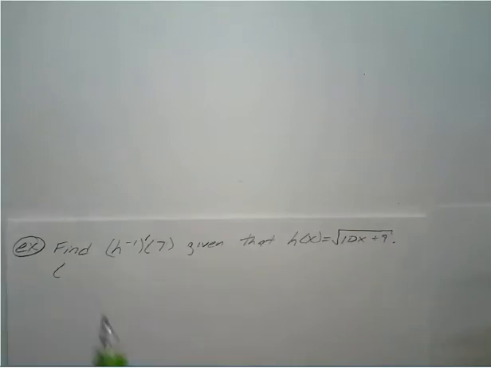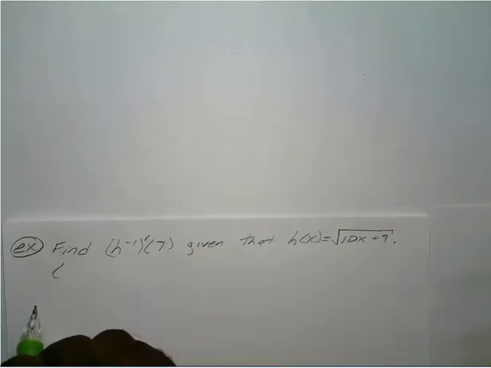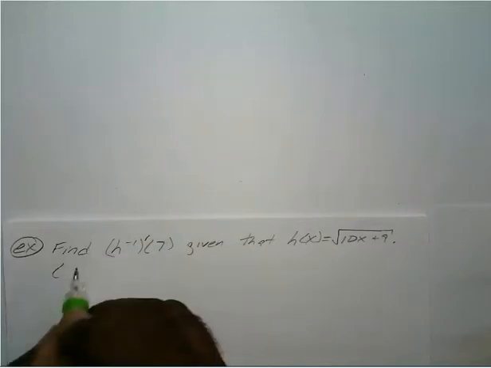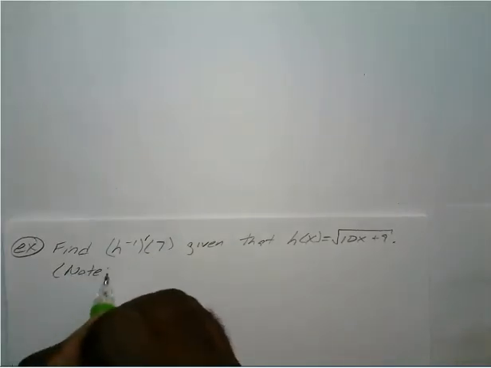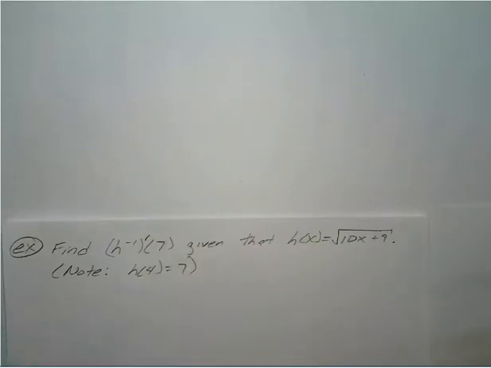Okay, and again, if they didn't give you this part, you can always figure it out by finding which value makes that equal to 7. So note that h of 4 is equal to 7.